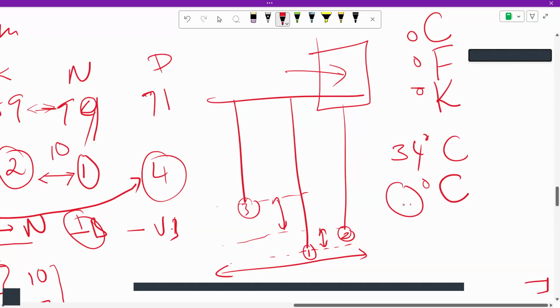Can you say there is no temperature, no heat in the particular place?